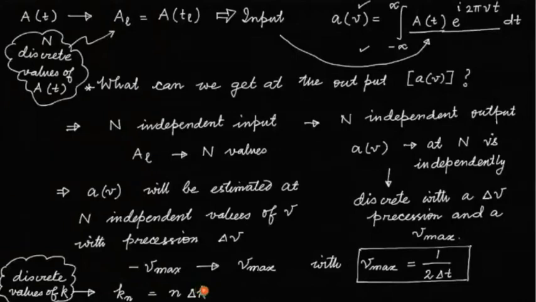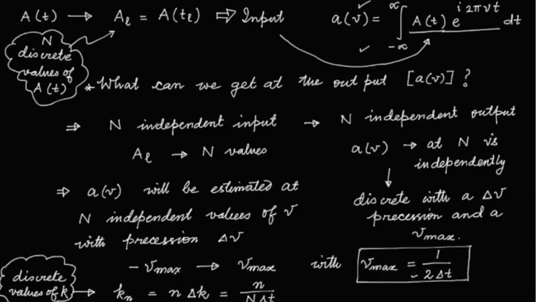Now I can calculate delta k. Delta k is 2 nu max divided by capital N, which I can write as small n by capital N into delta t. Because from minus nu max to plus nu max, the total range in nu is 2 nu max. That 2 cancels with the 2 over here, so I get small n by capital N delta t.